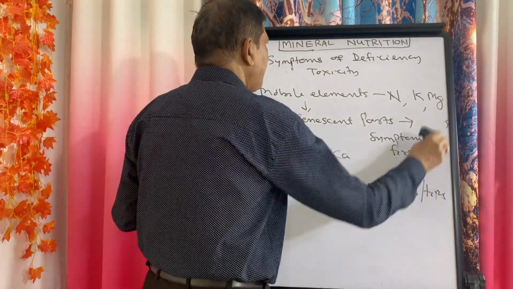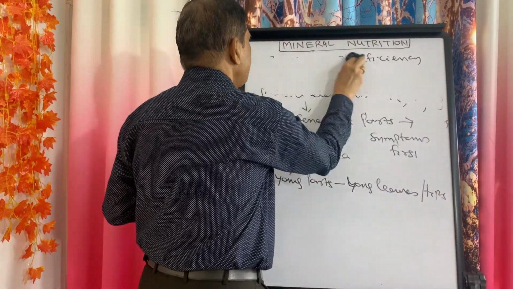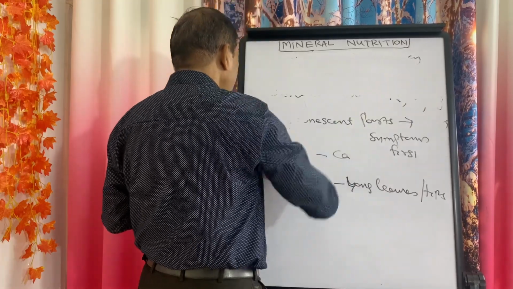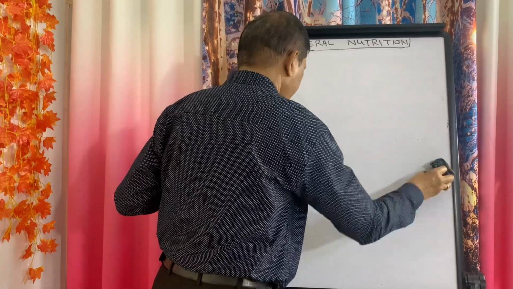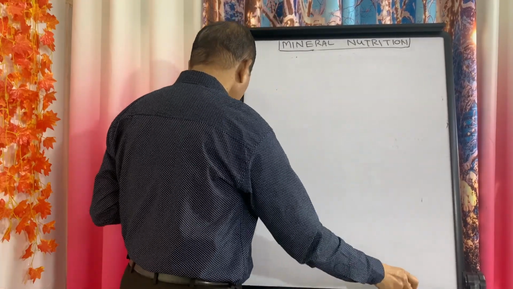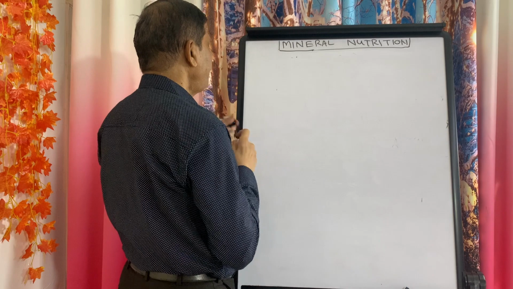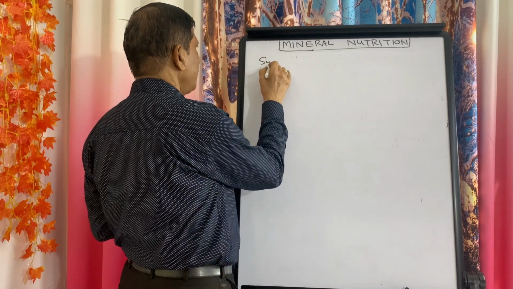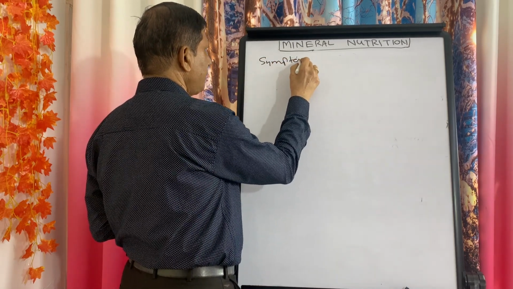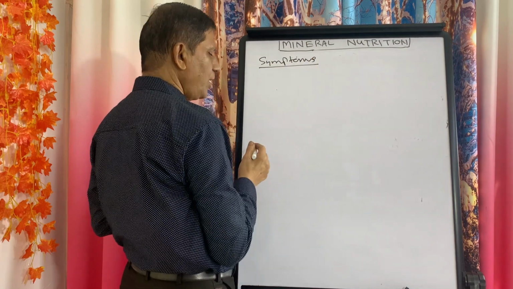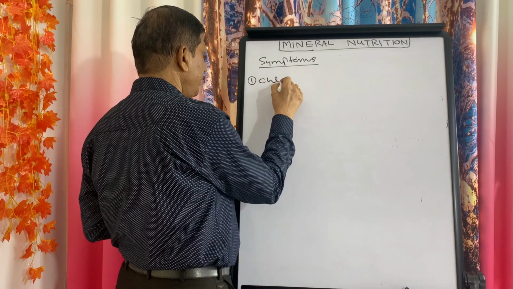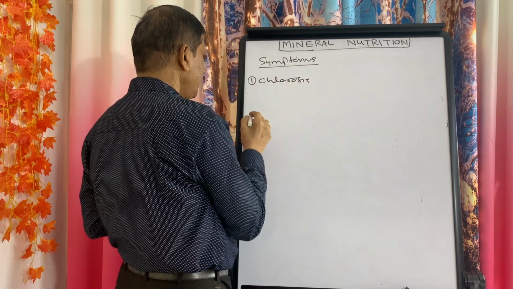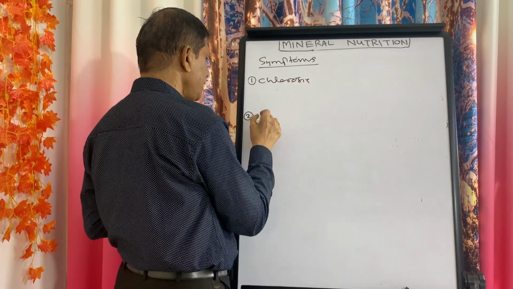Then what are the common symptoms that are seen when there is a deficiency of a particular element? If we discuss the different types of symptoms, one of the important symptoms is chlorosis. The second symptom is necrosis.